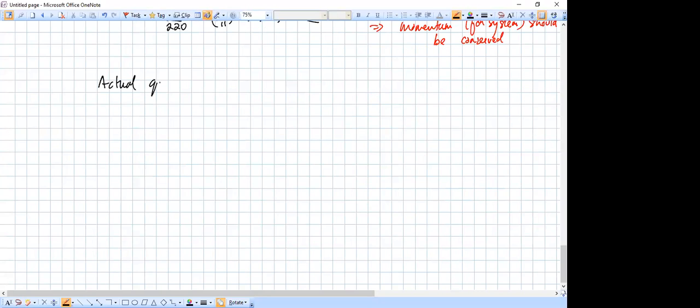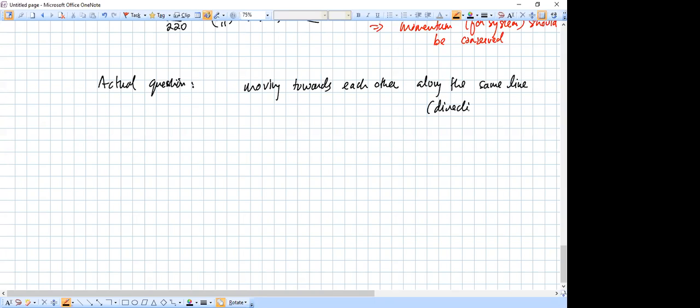So what the question actually means to say is that they are moving towards each other. In the actual question, there should be a correction that they are moving towards each other along the same line, not the same direction. The line is the same, but the directions are opposite. So this is where there's a mistake in the language of the question.